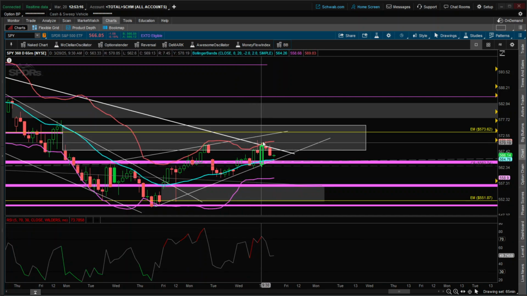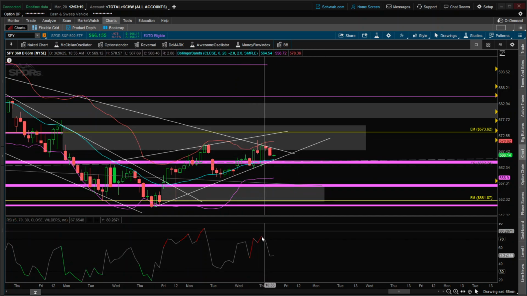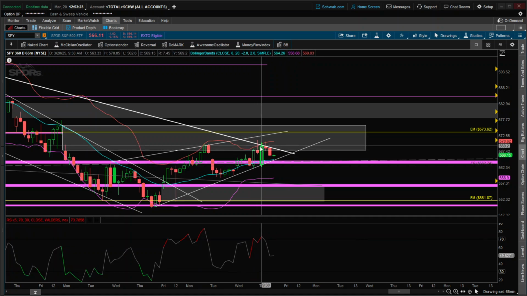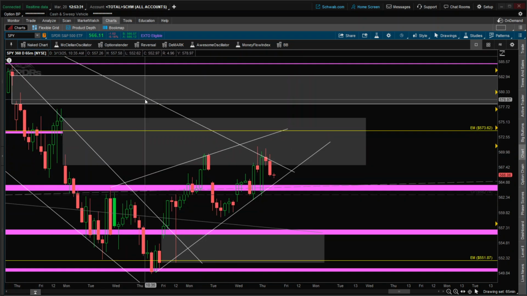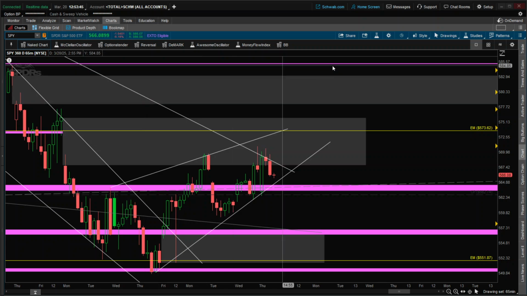So if you're a really short-term trader, you had the overbought conditions at the top of the Bollinger Band, and you could have taken this move here, but clearly we're not that fast of traders. So we like to swing one day to 1 week typically, and then on our larger primary swings, which we're not in right now, to the downside is what we'd typically take a month out.